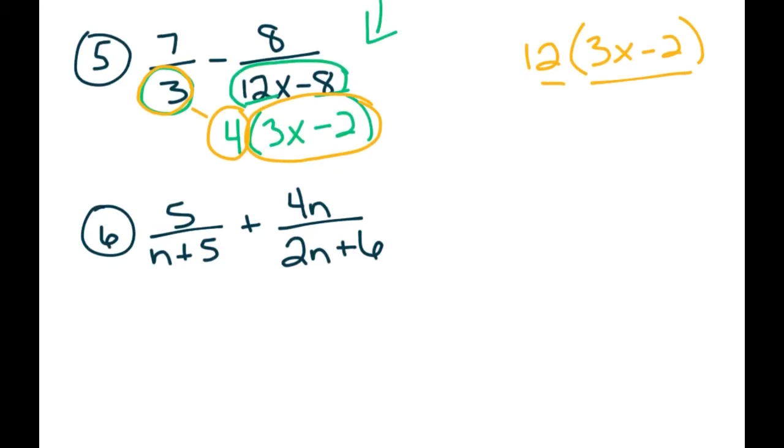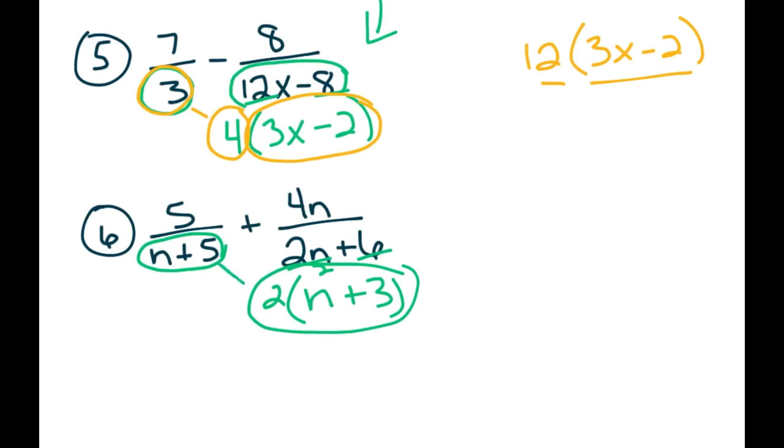Okay, here is another one. I've got n plus 5, and I've got 2n plus 6. But notice here, I have a common factor in 2n plus 6, don't I? So I am going to factor out a 2. 2n divided by 2 is n. 6 divided by 2 is 3.